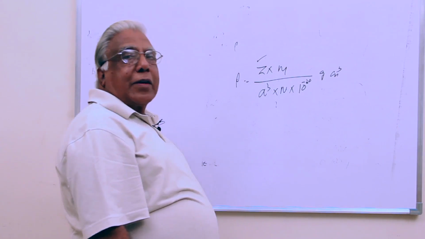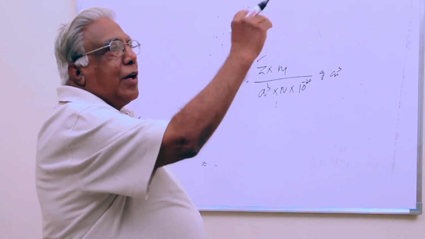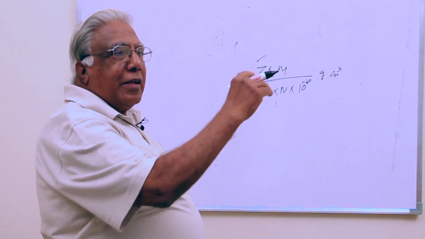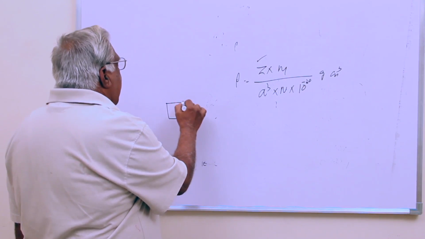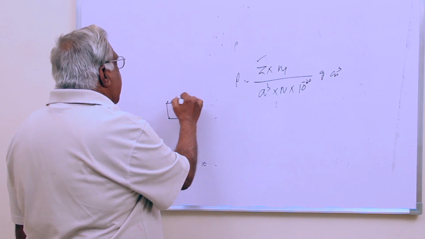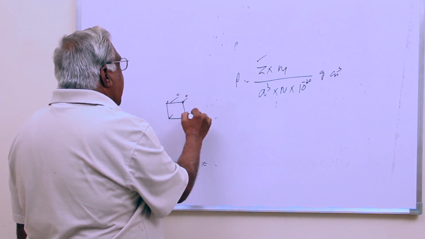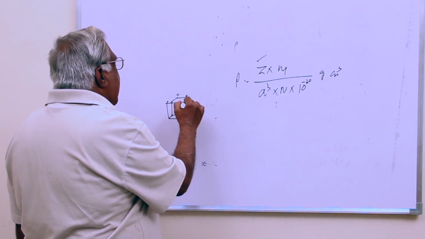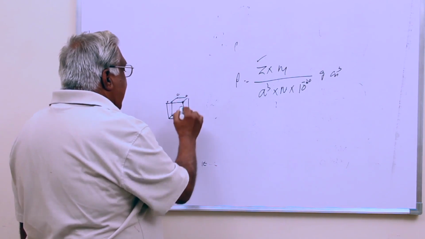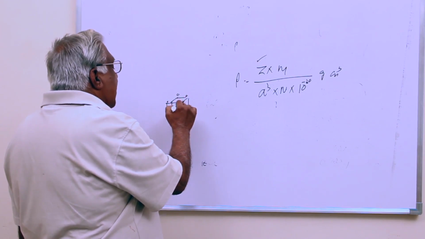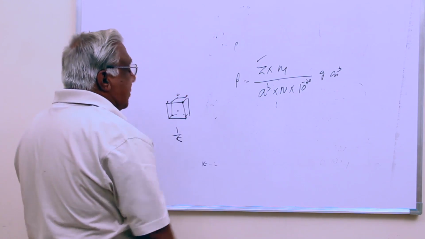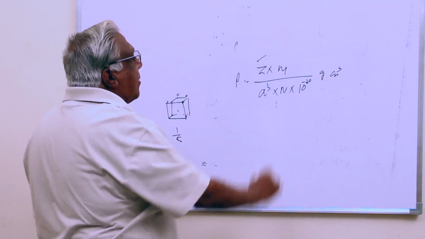The number of atoms can be calculated by finding how many atoms are present in the lattice. For example, a cubic lattice contains 8 corners. Each corner is shared by 8 cells, so each corner contributes 1 by 8 to the total number of atoms in the cell. Like this we can calculate the number of atoms.